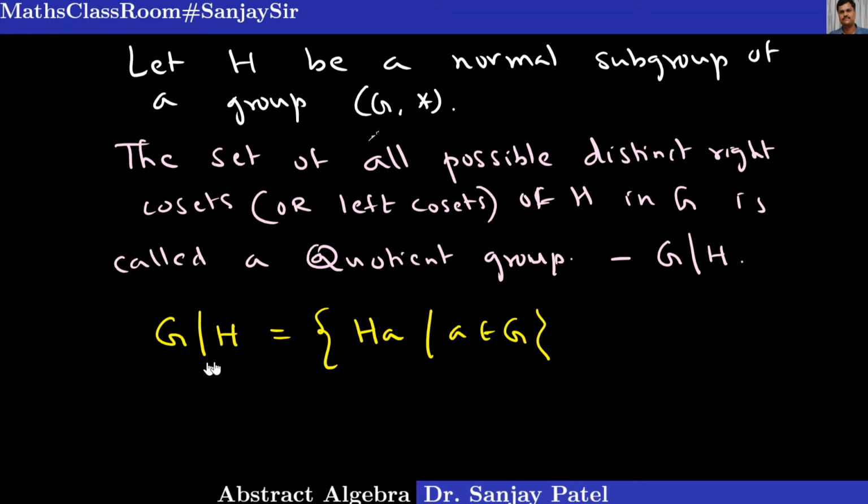This set itself is a group with respect to the operation defined in this new set, and we know how it is defined. For Ha and Hb, any two elements in G mod H, that is a, b belong to G, we have defined Ha into Hb.